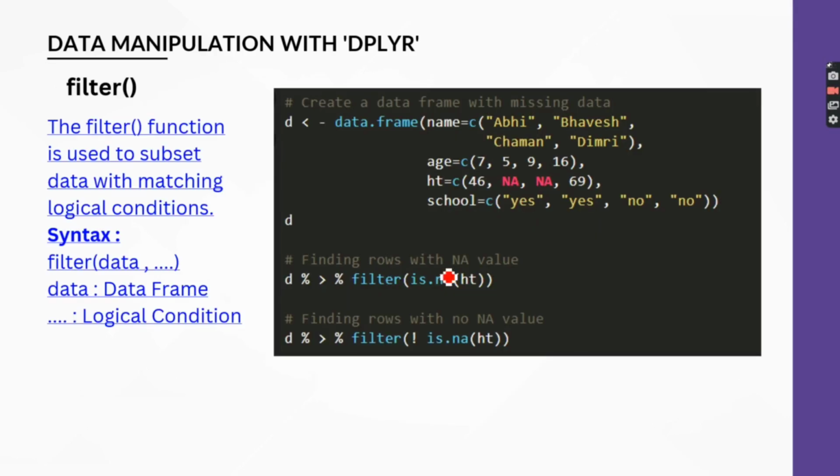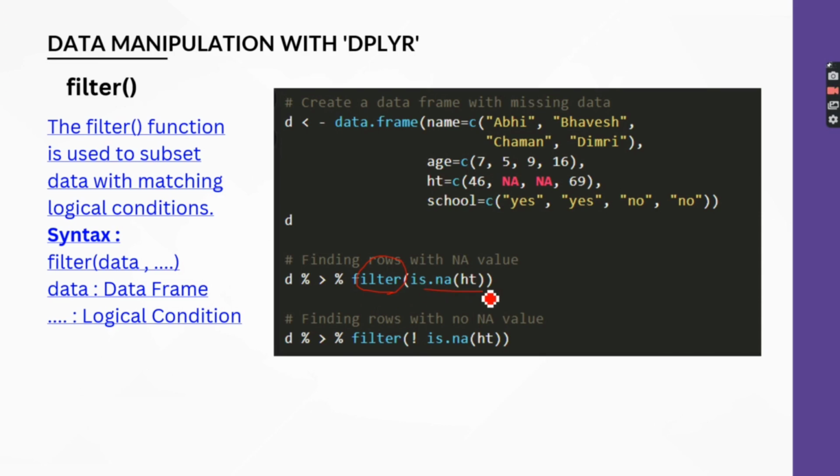Now we'll see filter. The filter function is used to create a subset with matching logical conditions. We use filter as the word says: we filter data and take insights from it as we want.